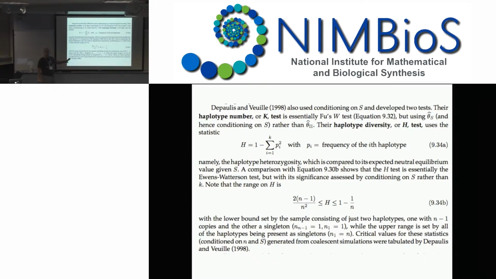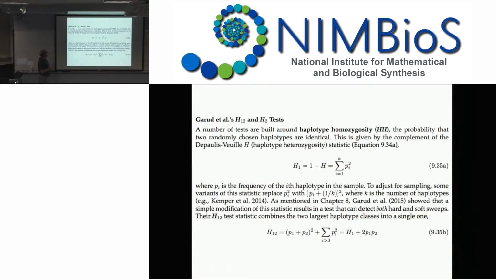We can then contrast that value with the value we expect under a simulation. But the importance of that is it's been extended, and the H12 and H2 tests are recent extensions, 2014, to deal with soft sweeps. The idea here is H1 is simply the test I had here, but H12 says take the two most common haplotypes, there they are, and lump them together.